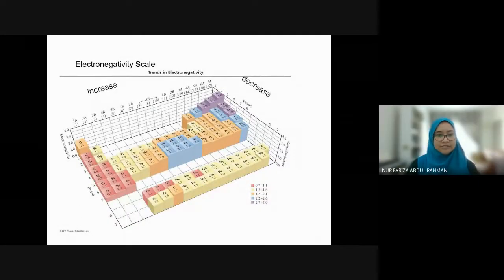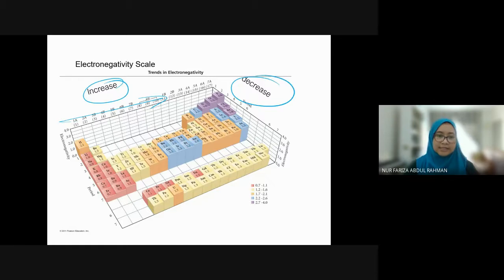So this is just to show you that across the period it increases, down the group it decreases. See? Let's look at period 2, lithium. Lithium has electronegativity equal to 1, then beryllium 1.5, then boron 2.0.